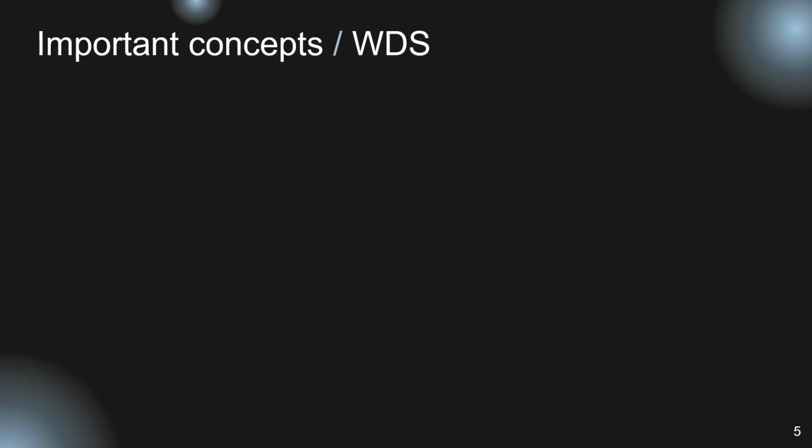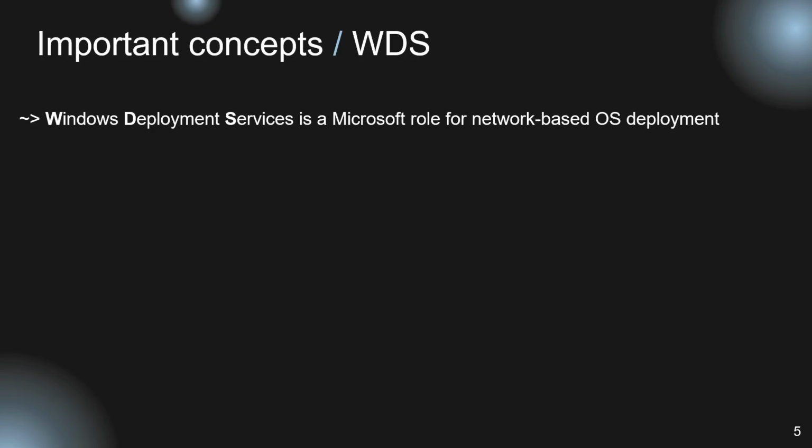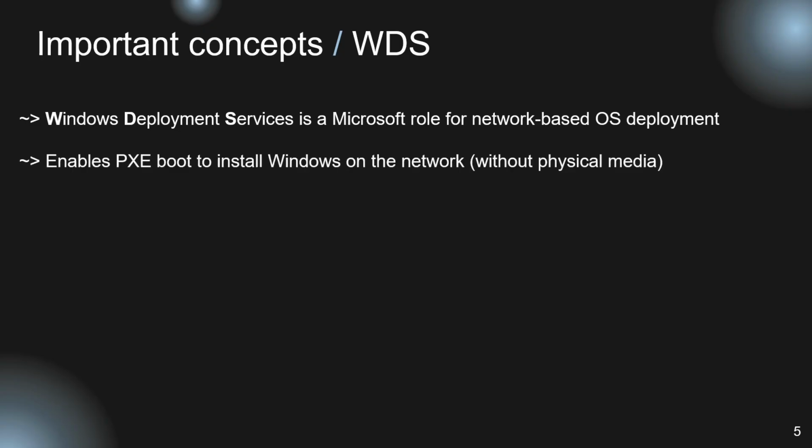Okay, important concepts about WDS. It's a core role of Microsoft. You can install it on a fresh install of Windows Server to create a network-based OS deployment. So it enables PXE boot to install Windows over the network without physical media like a USB key.